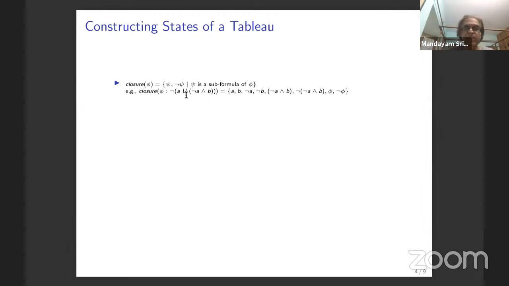They can all be expressed in terms of until, so we won't be discussing explicitly what the tableau construction is for F, R, and G. So you will have A, B, the negated versions not A and not B, and therefore phi and not phi. Okay.